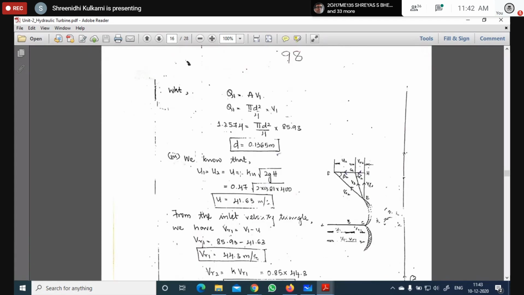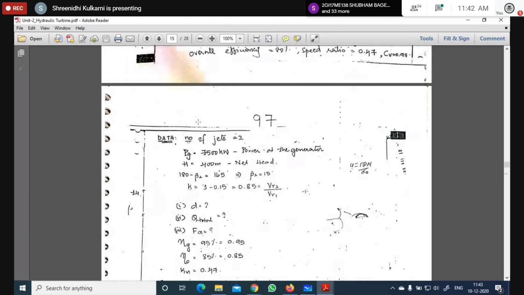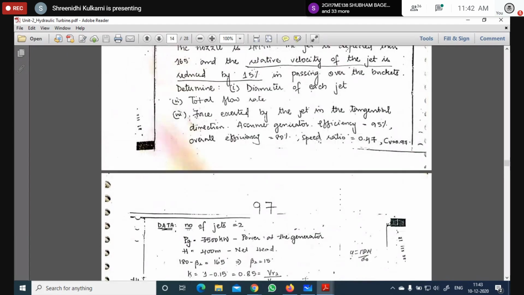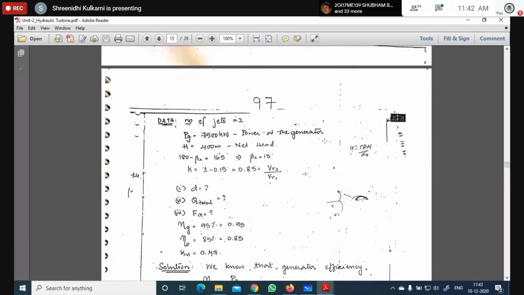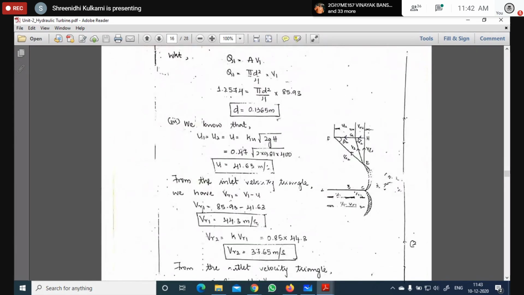Fine. So next find out U, because already we know in the data the speed ratio, phi or Ku. So U is equal to phi into root of 2gH.